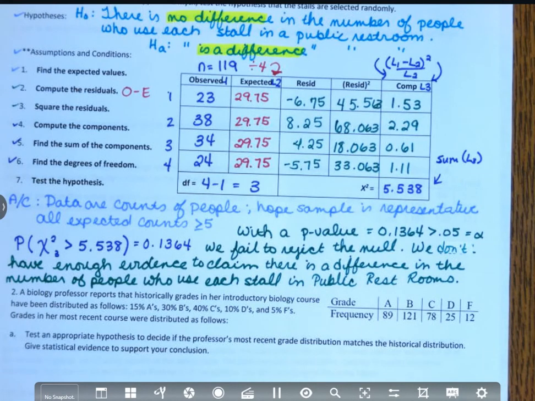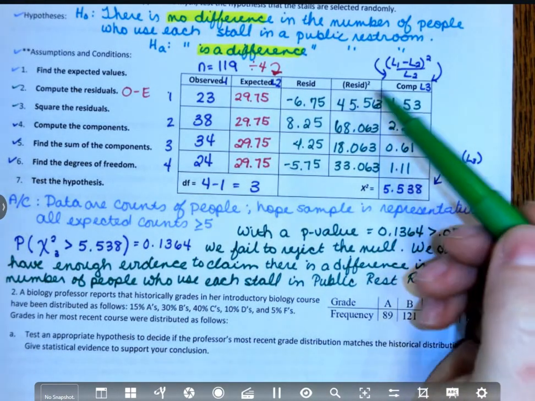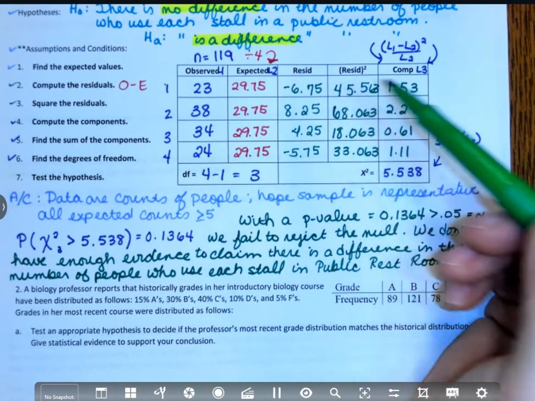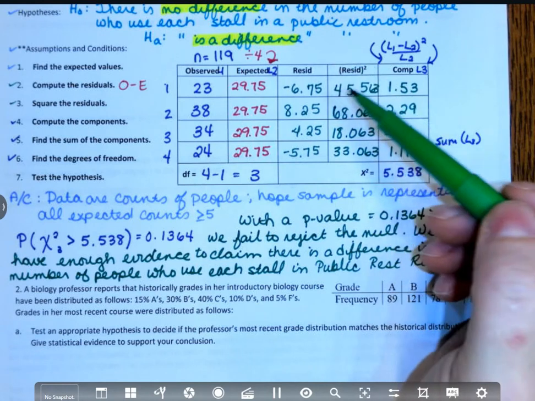I don't know about you. That's enough evidence for me to think. I mean, it might not be something I go out and put together advertisement and everything like that on, but I think that's enough for me so that I always try to remember this. And I look back at my residuals. If I look at my residual, which one had the least, the furthest from the expected on the most empty side?